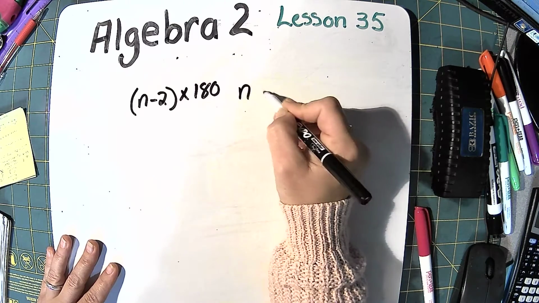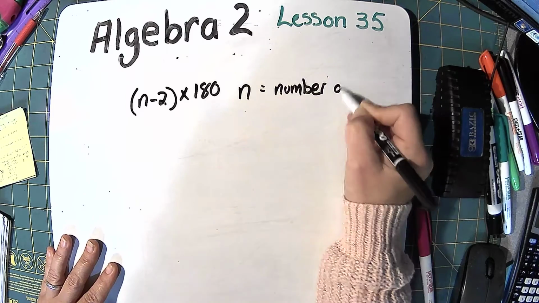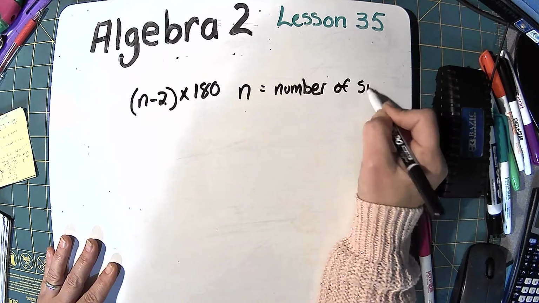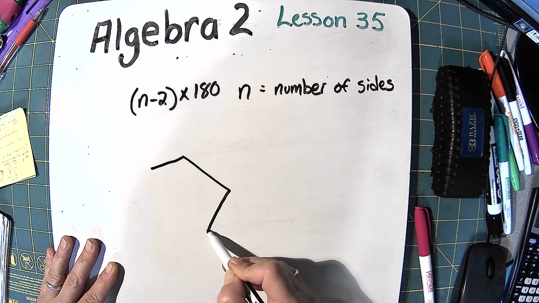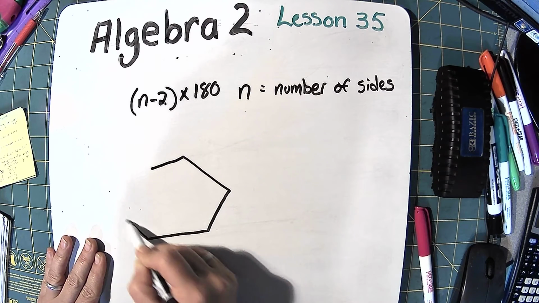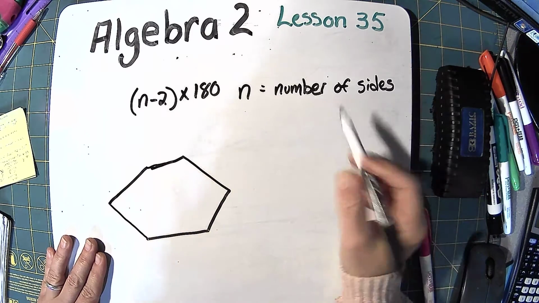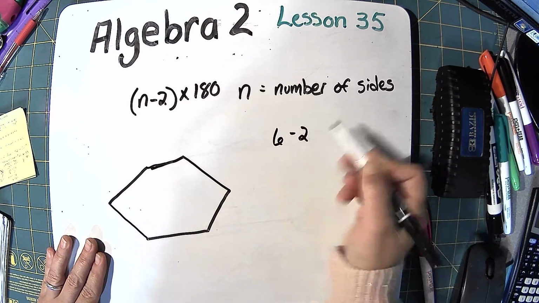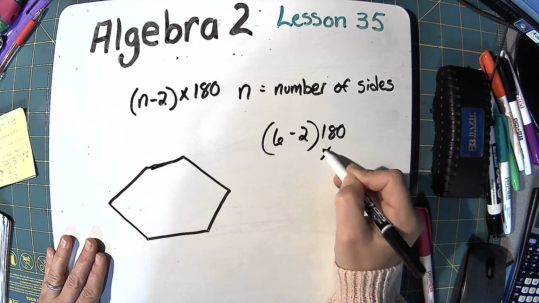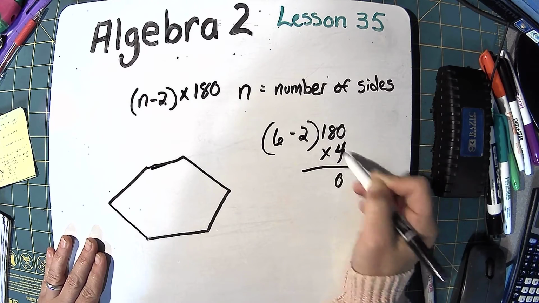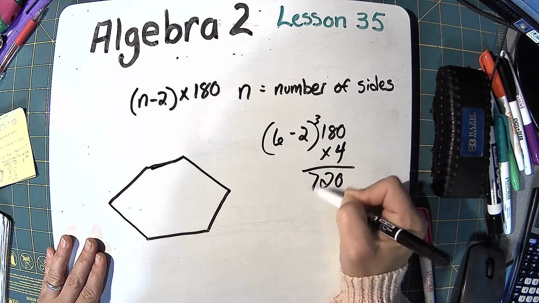N is going to be the number of sides of your polygon. So if we have 1, 2, 3, 4, 5, 6-sided polygon here, we would say 6 minus 2 times 180, which would be 6 minus 2 is 4, 180 times 4 will be 720.